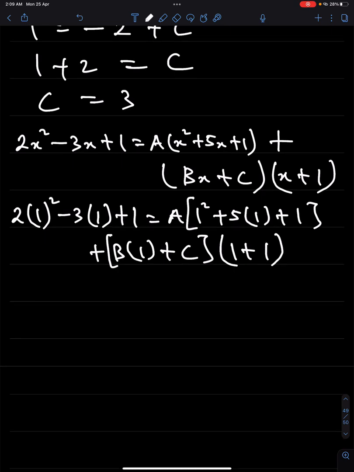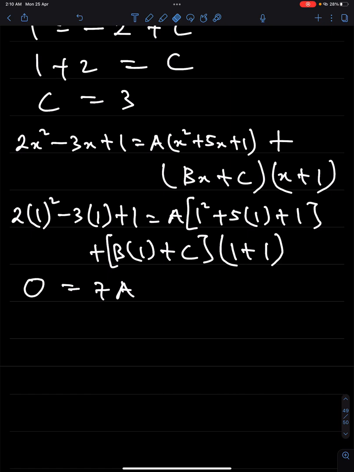And that simply means 2 times 1 squared is 2. That's 2 minus 3 plus 1, which is minus 1 plus 1, and that's 0. The left hand side will give me 0. And on the right hand side, I'm going to have, this is 1 plus 5, that's 6 plus 1, that's 7. 7a.